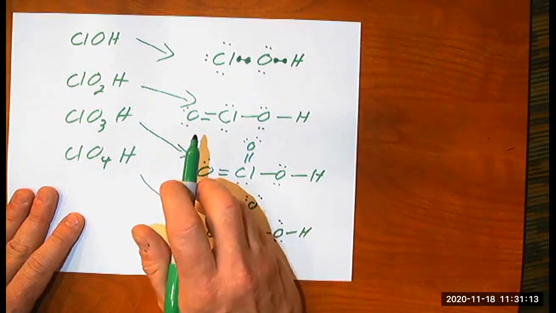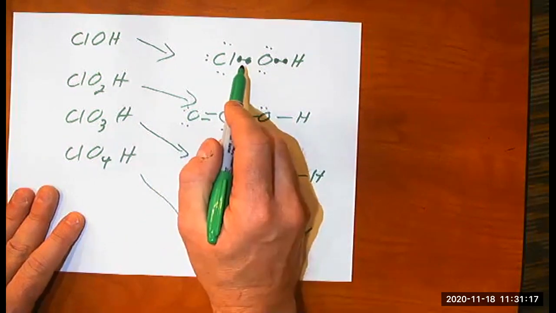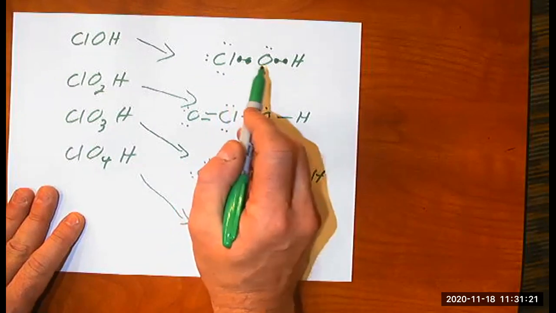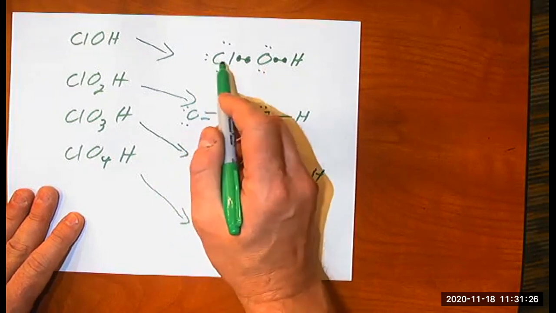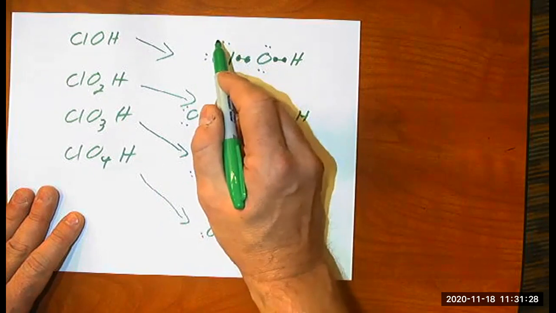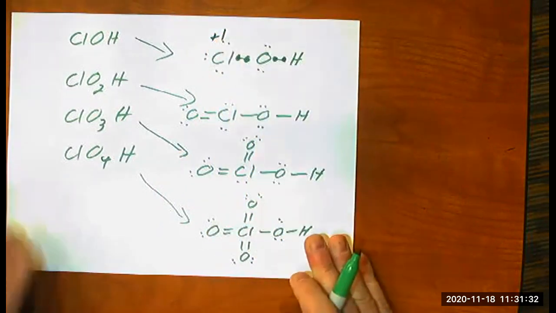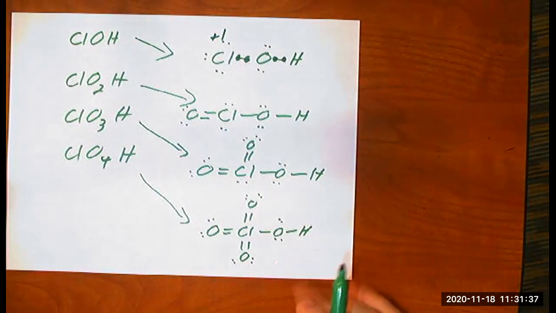Oxidation number makes a different assumption. It says, give both of the electrons in the bond to the more electronegative atom. In this case, the more electronegative atom is oxygen. So we would start with the same core charge of 7, 6, 5, 4, 3, 2, 1. This has an oxidation number of +1. Okay.